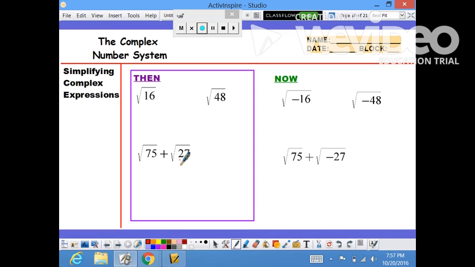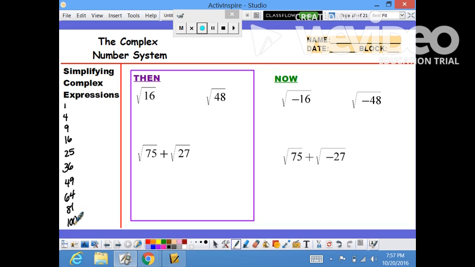Okay? We know that in order to simplify a radical, first, you want to list all of your perfect squares. So 1 times 1 is 1, 2 times 2, 3 times 3, 4 times 4, 5 times 5, 6 times 6, 7 times 7, 8 times 8, 9 times 9, 10 times 10.